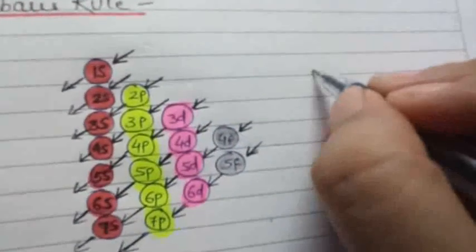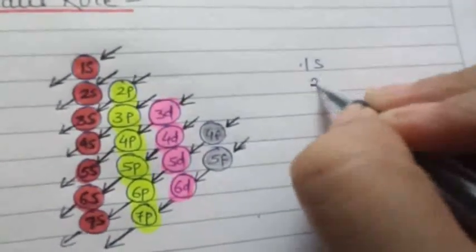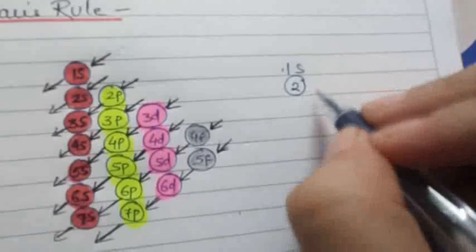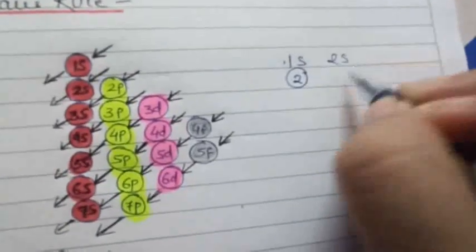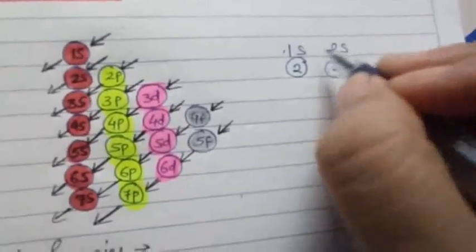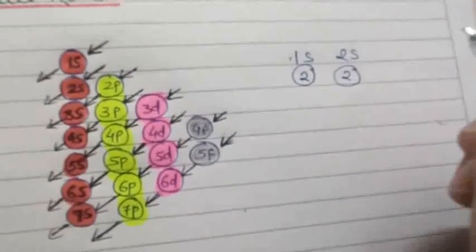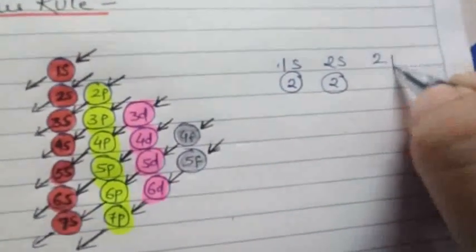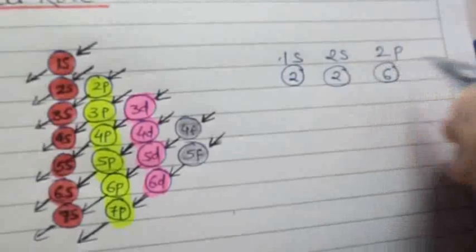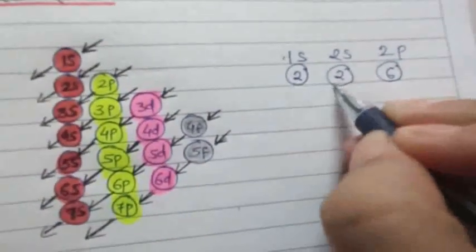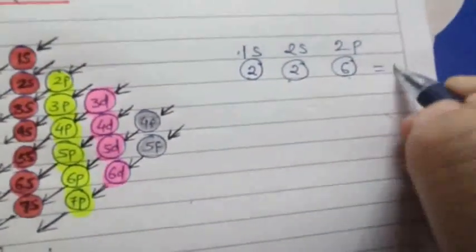So 1s occupied 2 electrons, 2s occupied 2 more because s cannot have more than 2 electrons, and 2p can hold a maximum of 6 electrons. So 2 plus 2 is 4, plus 6 is equal to 10.